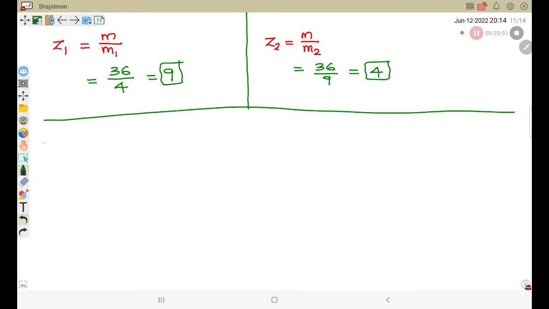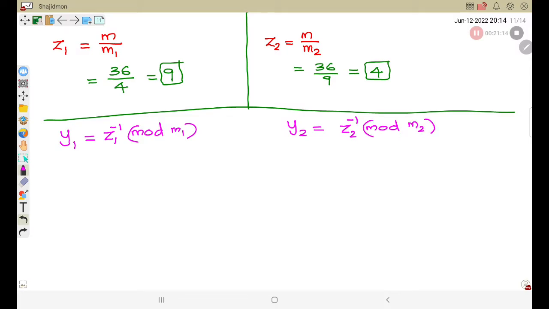What are they? We need to calculate Y1 and Y2. What is Y1? Z1 inverse mod M1. And what is Y2? Z2 inverse mod M2.